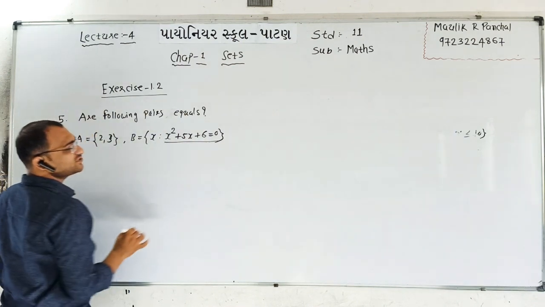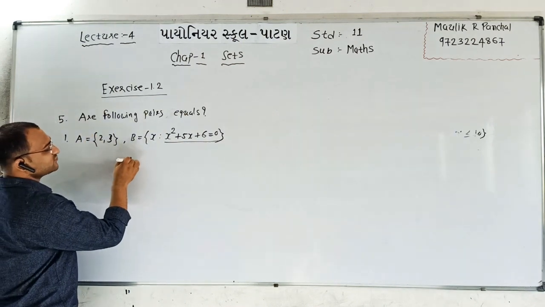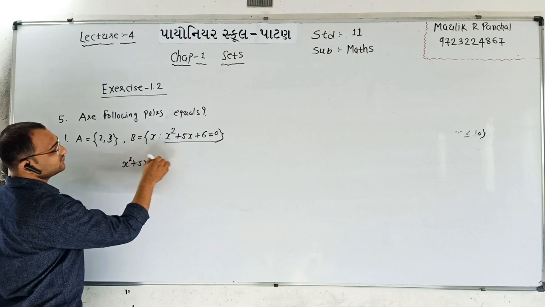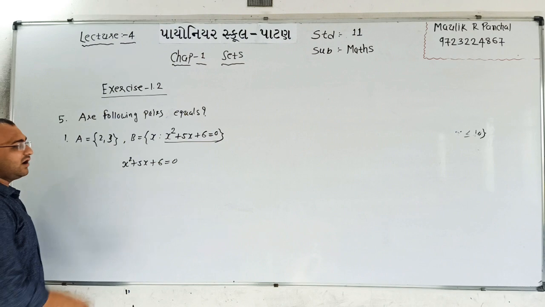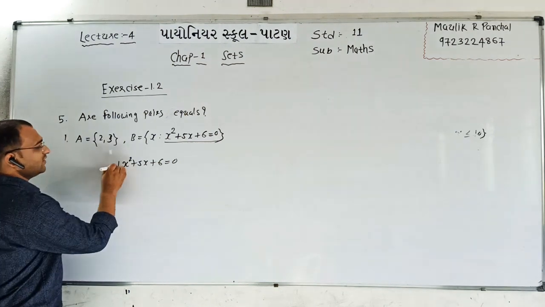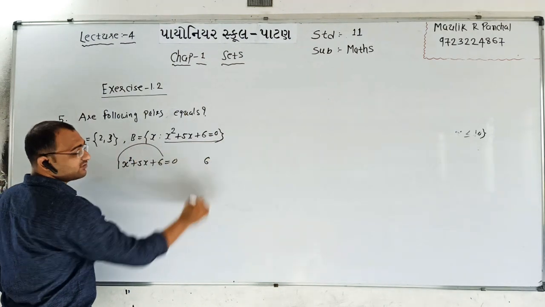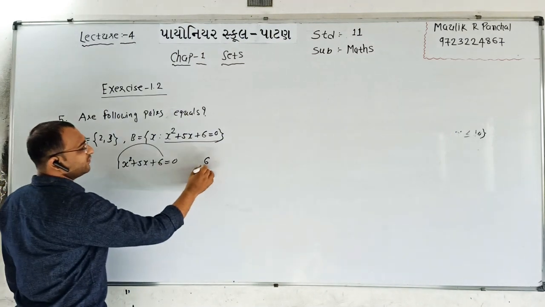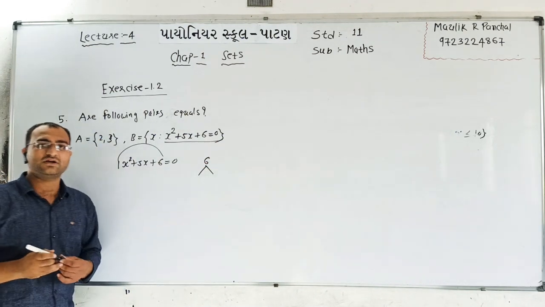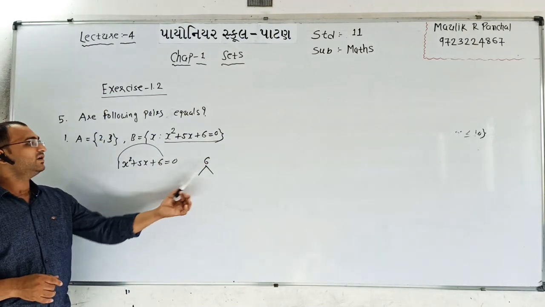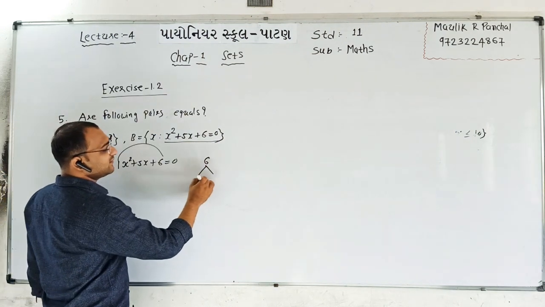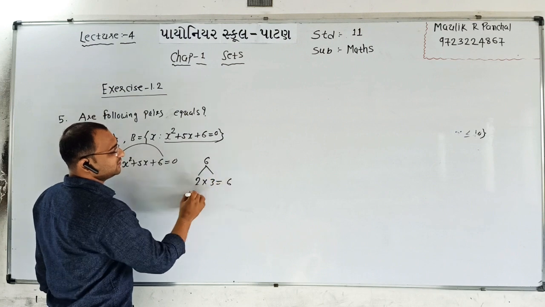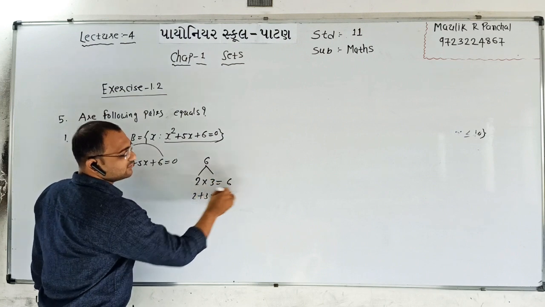Here the equation given is x square plus 5x plus 6. This is a quadratic equation. We know how to solve this equation. First, multiplication of 1 and 6 is positive 6. We find factors of 6 such that their addition is 5. We know 2 multiplied by 3 is 6, and 2 plus 3 is 5.